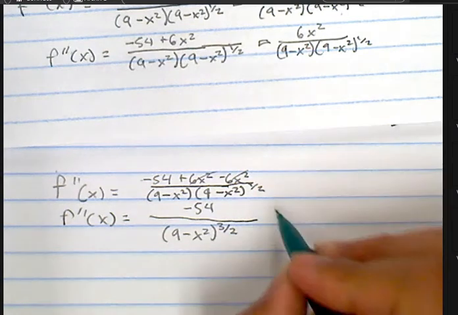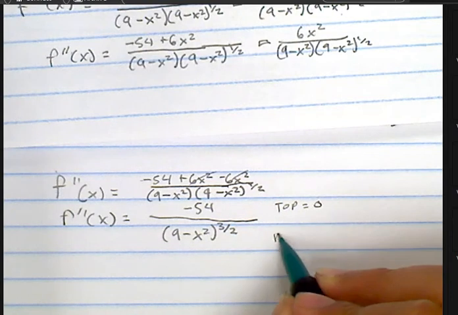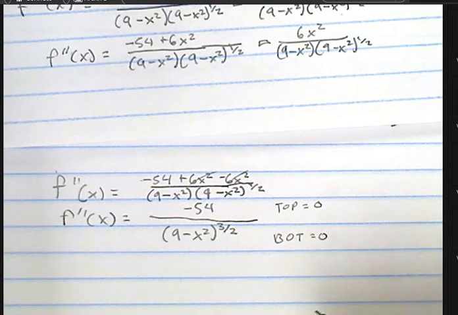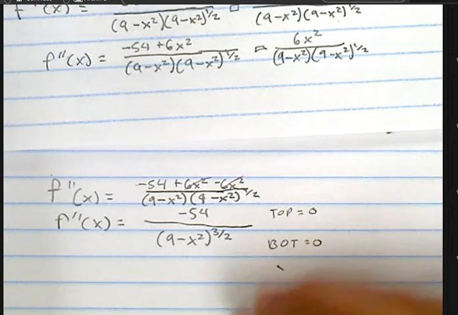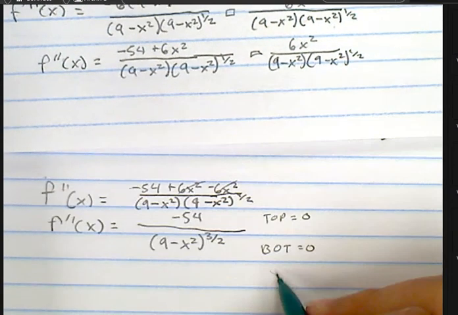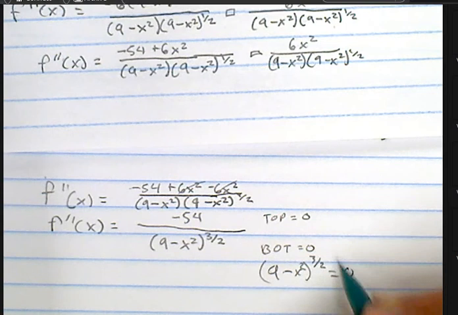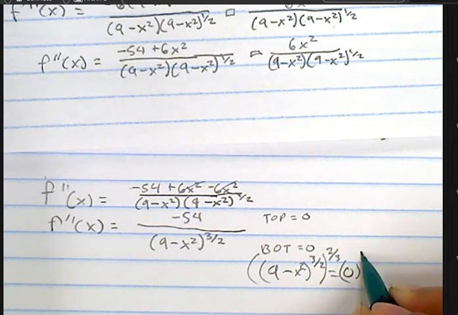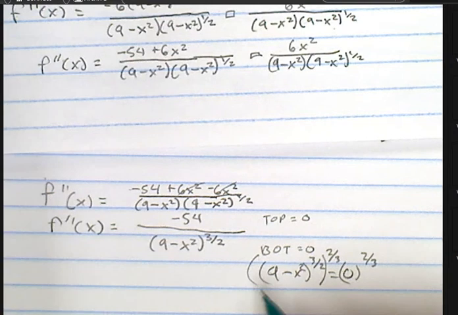Set the top equal to 0. And we can go ahead and set the bottom equal to 0 too. Okay? I'm going to raise both sides to the 2/3. Okay.